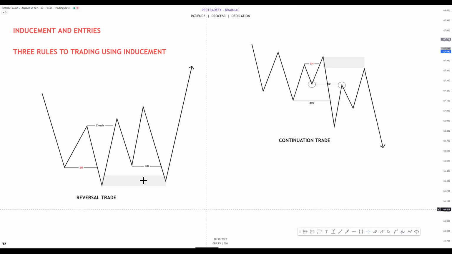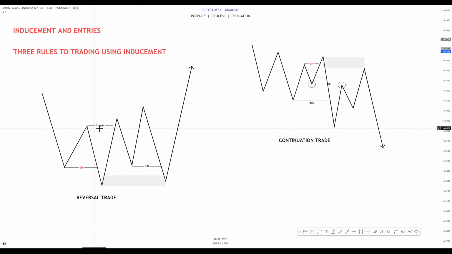Now let's go into the concept of inducement. In smart money trading, one of the things traders look for is CHoCH, or change of character, which is a temporary change in trend. If we are looking for a reversal trade within our point of interest, let's assume this whole formation is within our point of interest. Traders want to see stop points and they want to see a CHoCH.